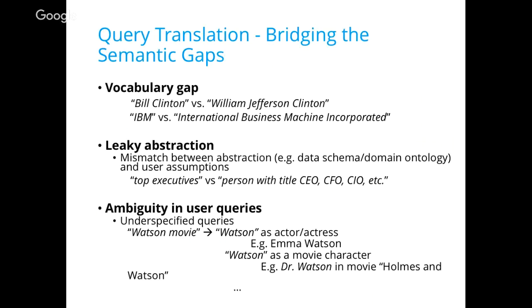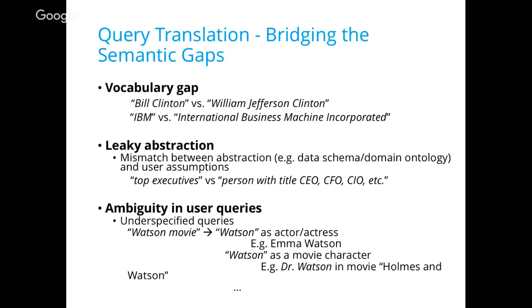For example, if the query says, give me all the top executives in Microsoft, in my database maybe I do not have a term called top executives. Instead, I have all the person names and their titles. And by top executive, I mean a person with a certain title, like CEO, CFO, CIO. So how do I answer the user query despite this leaking abstraction problem is another challenge.